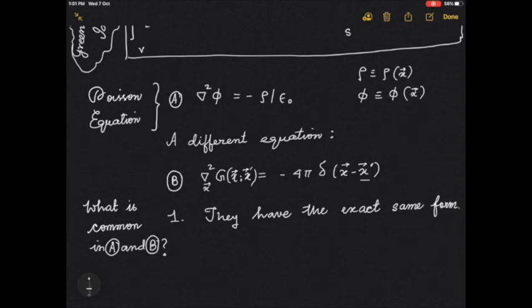The first thing is they have the exact same form. Operator on what you want to solve equals to a function, which you call the source term. What is the second thing? The second thing is they have the same operator also.